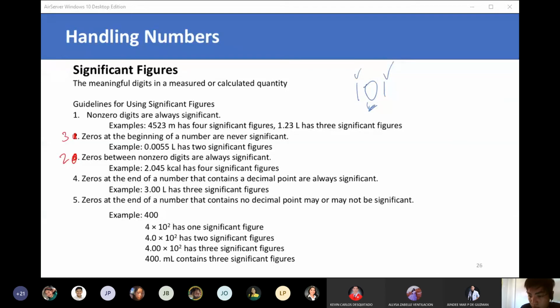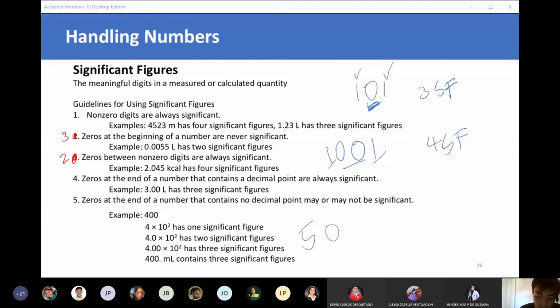So, those numbers are significant. Hence, this zero na nasa gitna will also be considered significant now. So in this case, we have 3 significant figures. For 1001, we have 2 zeros in between 2 non-zero digits. Yung 1 and 1, they are non-zero digits. Atong zeros na nasa gitna nila. So we consider them significant. So we have 4 significant figures here.